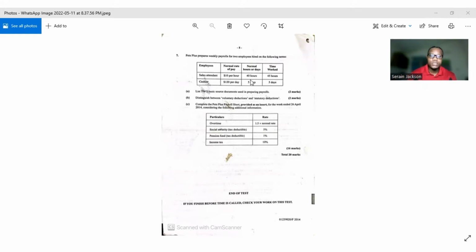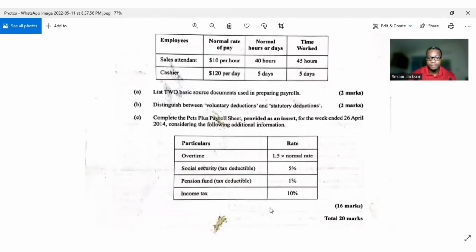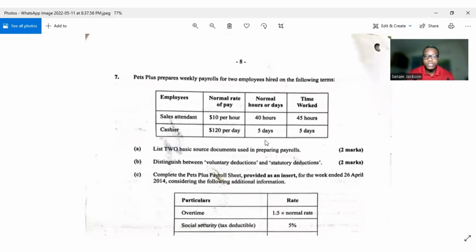Now let's look at this question in more detail. It's the last question of the 2014 paper, and I want you to realize that it is worth 20 marks. So it says, Pets Plus prepares weekly payrolls for 2 employees hired on the following terms. So we have 2 employees, a sales attendant and a cashier.